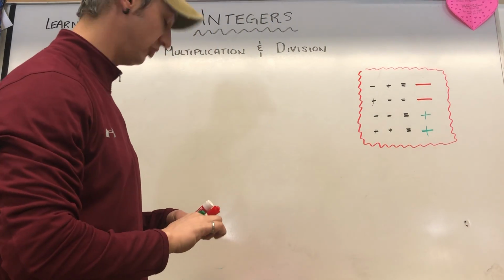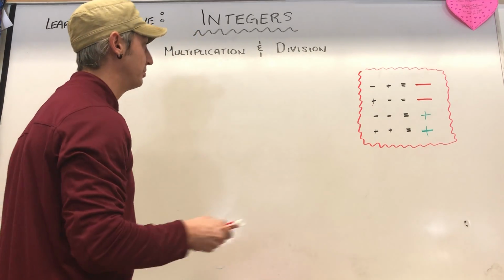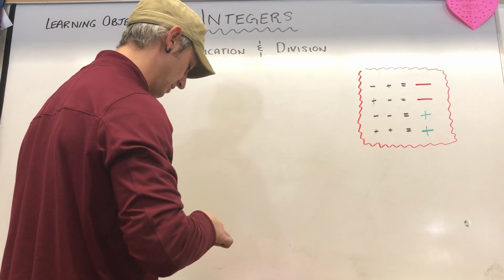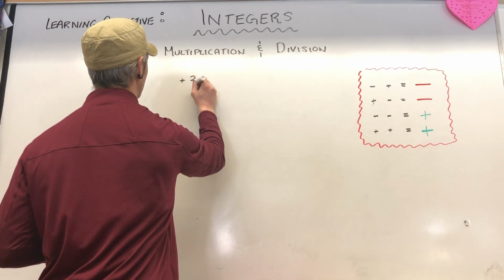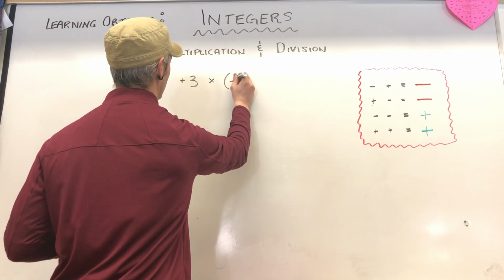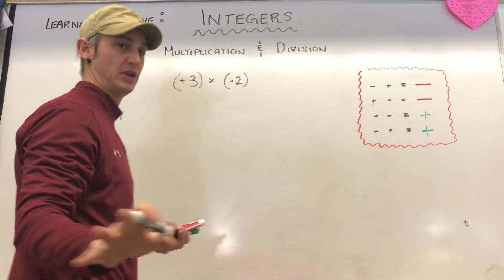Multiplication and division of integers. Okay? So, what does multiplication and division of integers look like? Well, it looks like positive 3 times negative 2. Or, we'll do multiplication first.